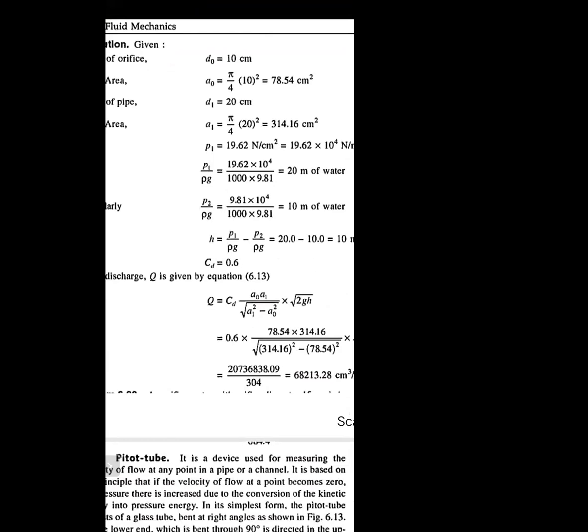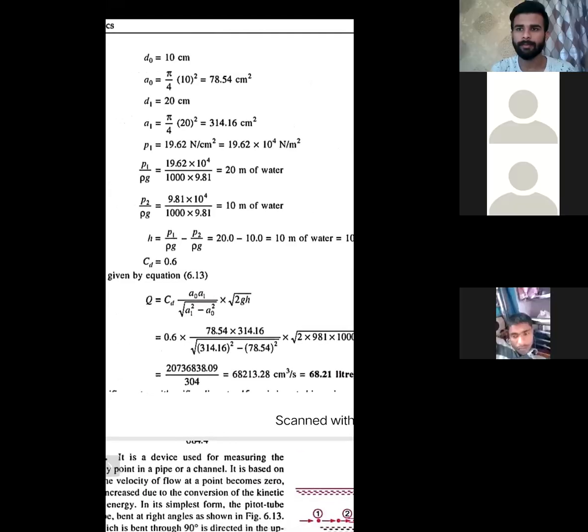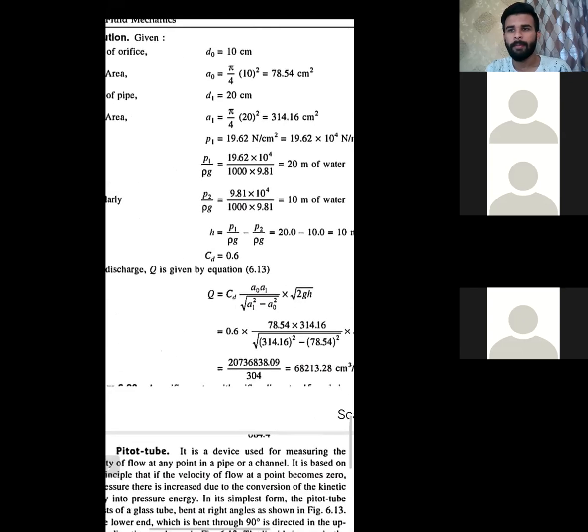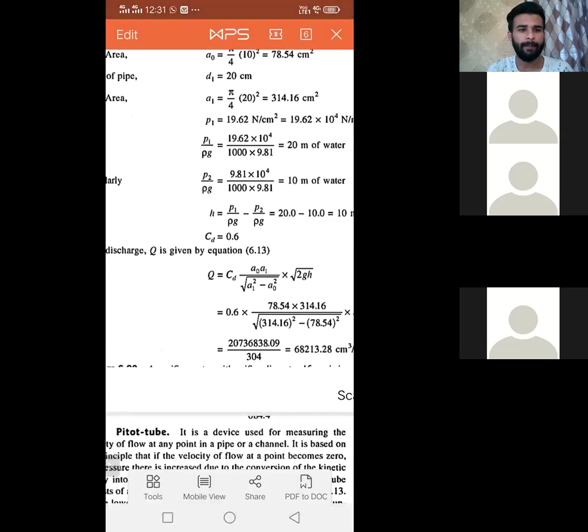In case of Venturi meter, we had considered four types of cases, when the manometric liquid is heavier than the liquid flowing through the pipe. But in this case, directly take the value of small h as P1 upon rho G minus P2 upon rho G. Then calculate the value of h accordingly and take the value of CD, which is 0.6.